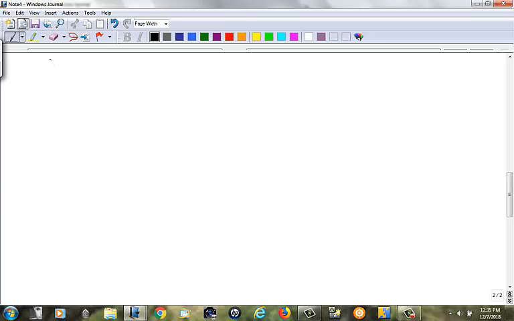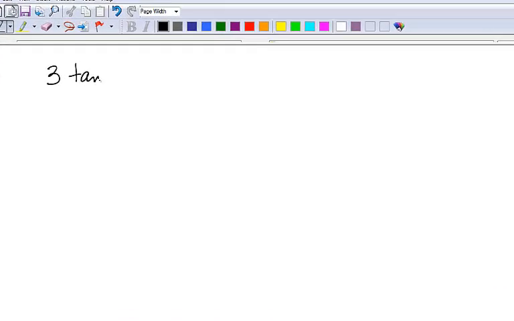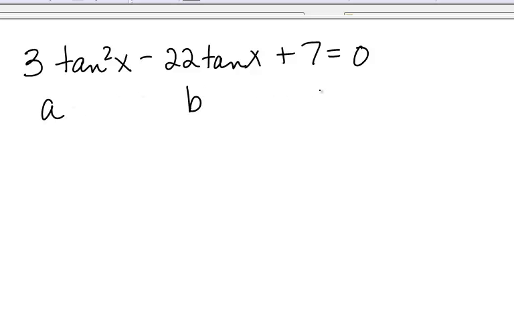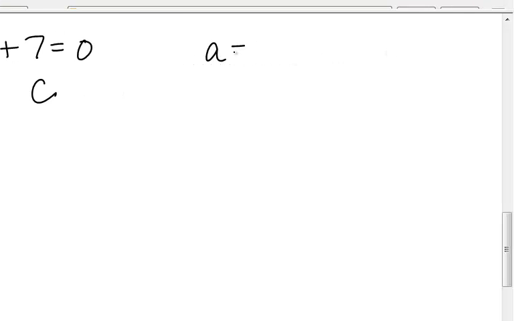So if I take that beginning equation again and do it a different way, 3 tangent squared x minus 22 tangent x plus 7 equals 0. Remember, it's in the form ax squared plus bx plus c. So my a is 3, my b is a negative 22, my c is 7.